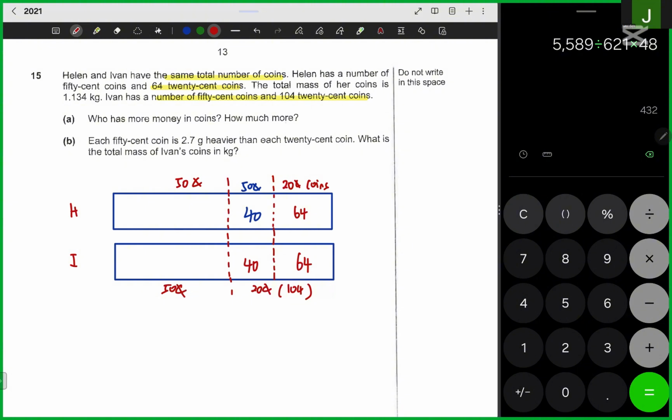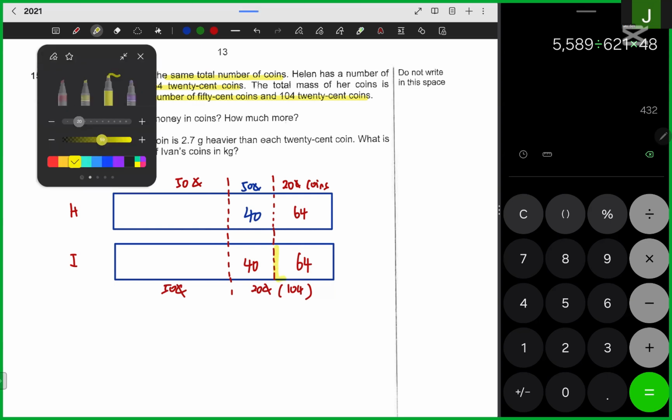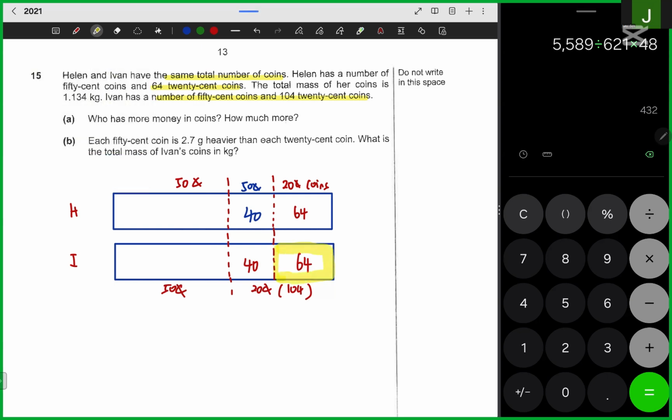Now, you'll understand that this 64 over here, these 64 20-cent coins, are exactly the same. They carry the same weight, the same value, the same everything, same as this part down here.